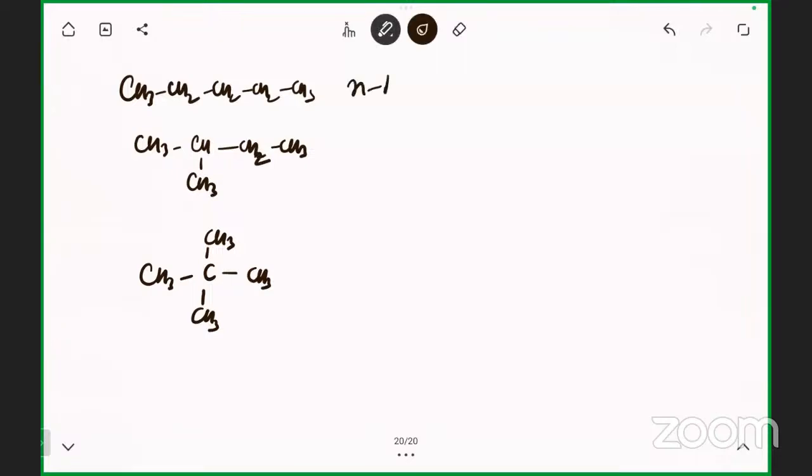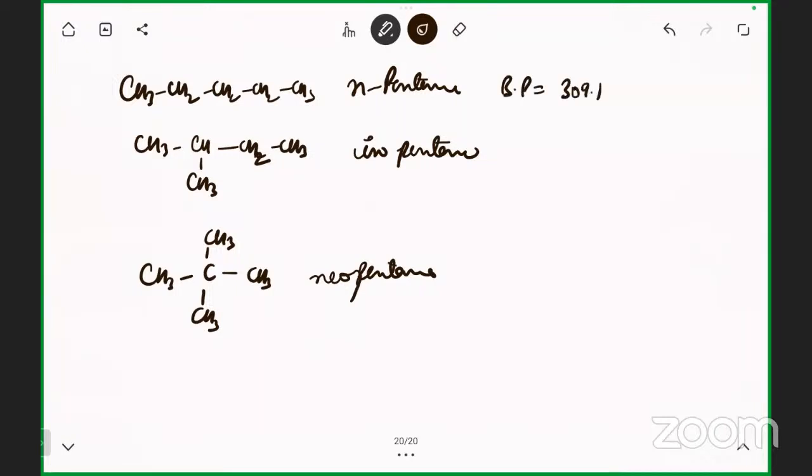This is n-pentane, this is isopentane, this is neopentane. The boiling point of the first compound is 309.1, of the second is 301, and of the third is 282.5. We are taking it in Kelvin.